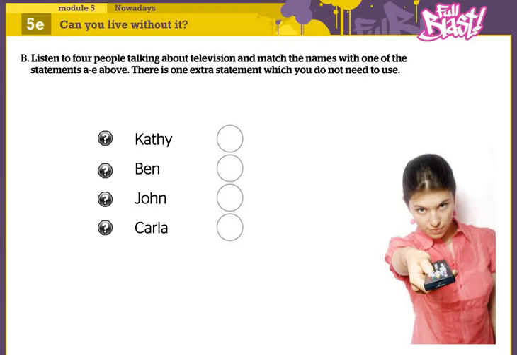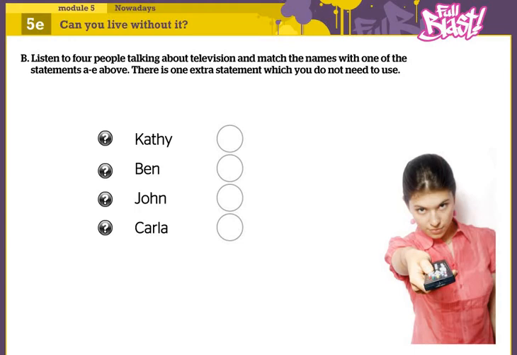So, as you have been listening to the information in the audio, all the 4 people have given advantages and disadvantages of TV, or television. They state that it is bad or it is good. Then they start to give reasons, right?